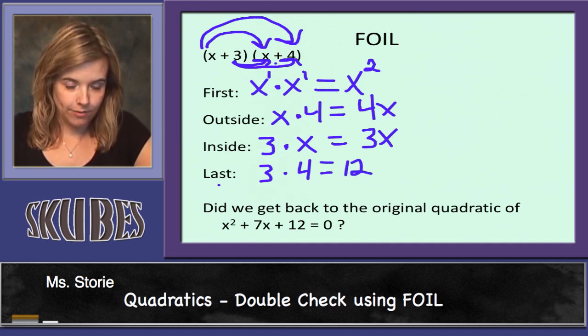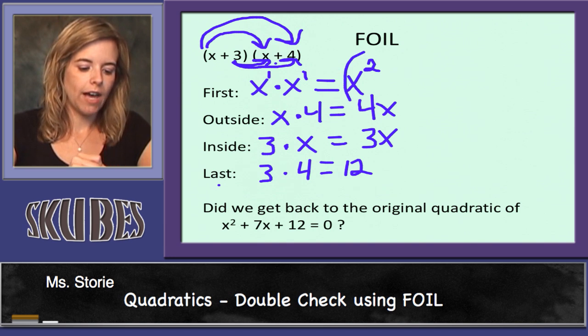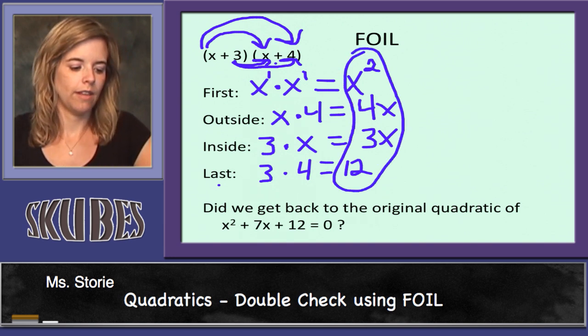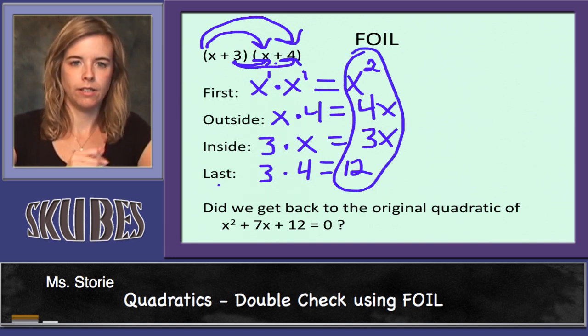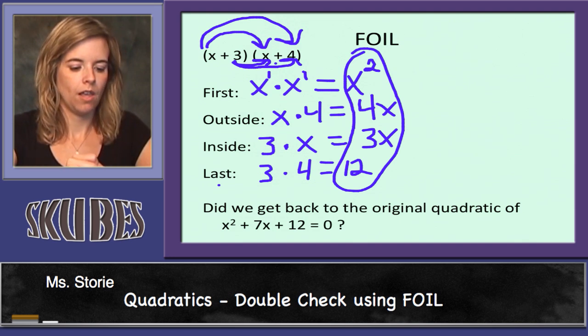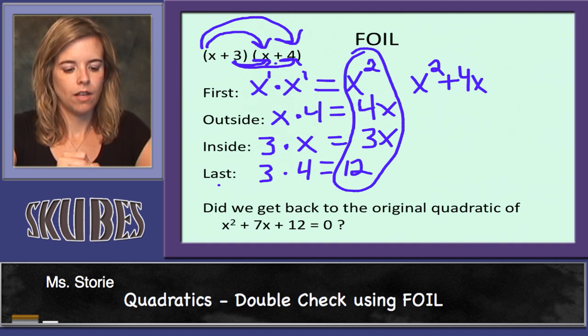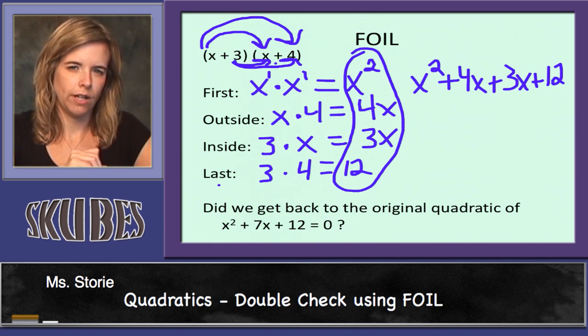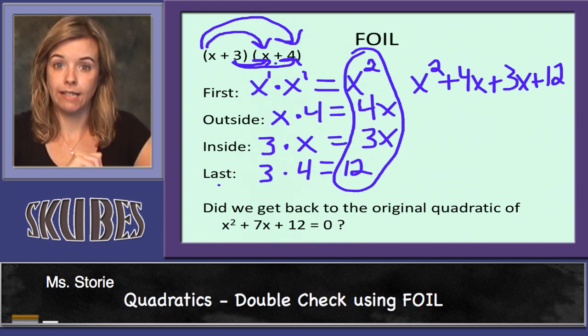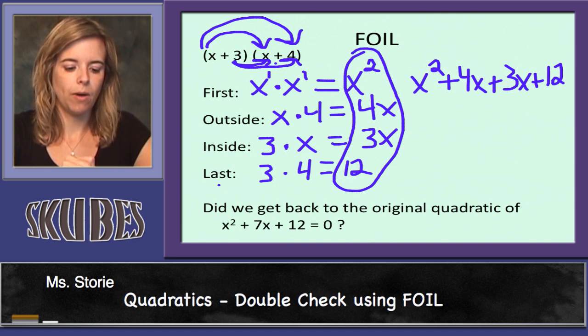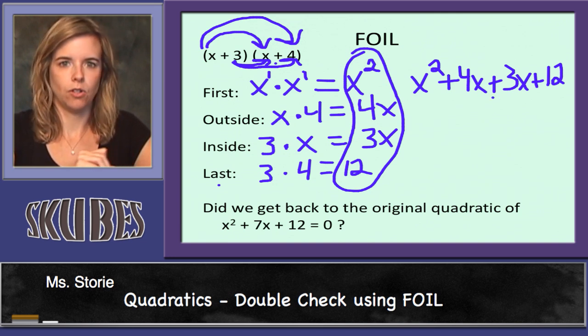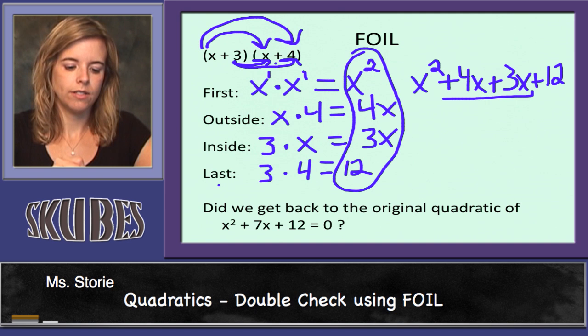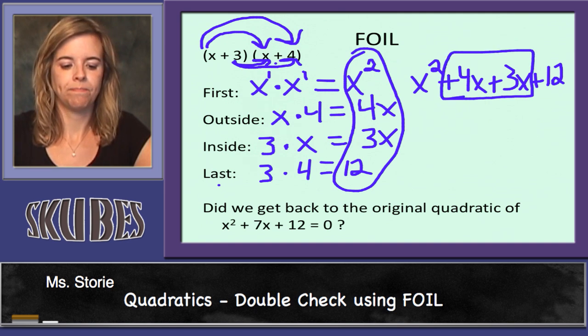Now, we're not done. We have all of these factors right here that we got when we multiplied. Now we're going to list them as one big addition problem. X squared plus 4x plus 3x plus 12. Make sure that you list all of them out so you don't end up dropping one or forgetting a sign in front of it. In this case, they're all positives because it was positives all the way across. Now, you notice something about these two terms right here?